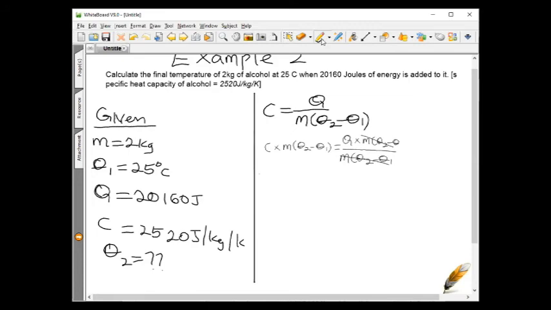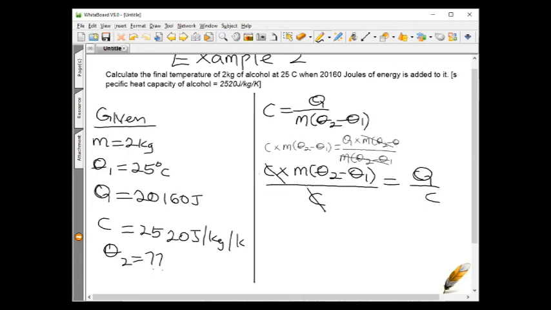Now, what are we left with? Let's divide both sides by m, and by c rather. This will be c times m into theta 2 minus theta 1 all over c, which should be equal to Q over c. Then c cancels c.